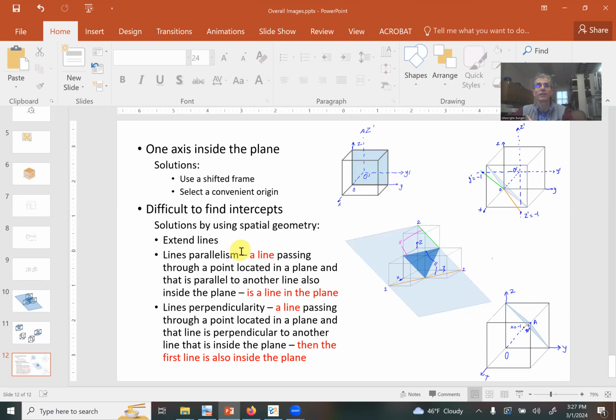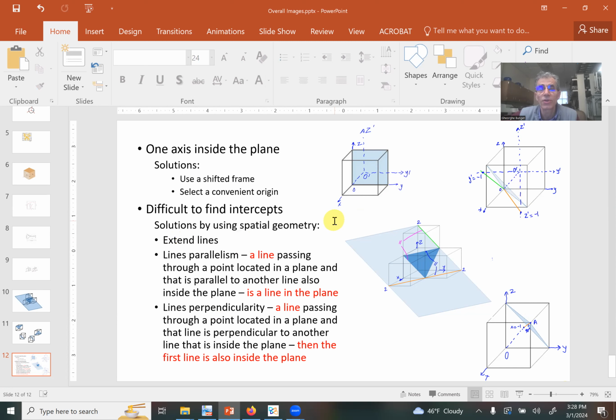The other two difficulties that I have seen are situations where it's very hard to understand where the plane intercepts the axis. We have three solutions here. One of them is to extend the lines.